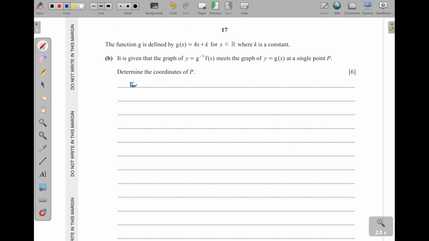So I'm going to begin for intersection, we are going to have g of x equal to the g inverse of f of x, because they said that y is equal to g of x.